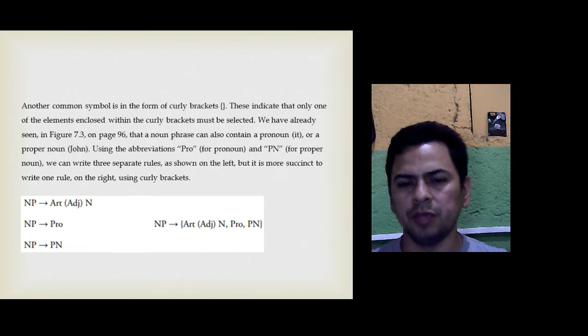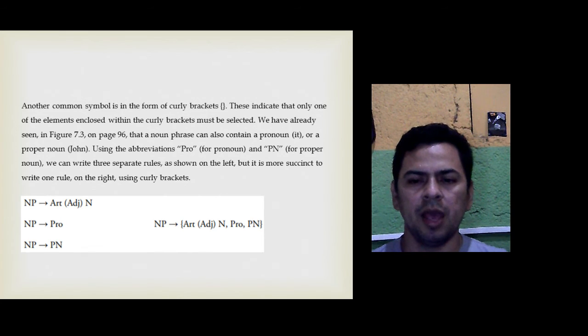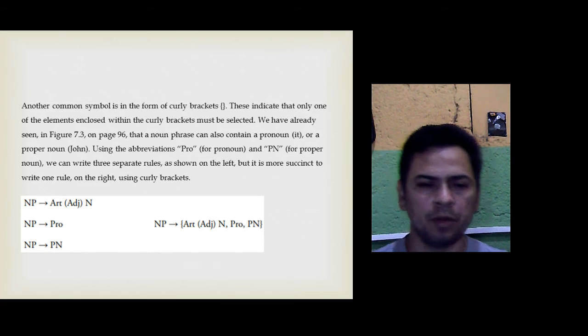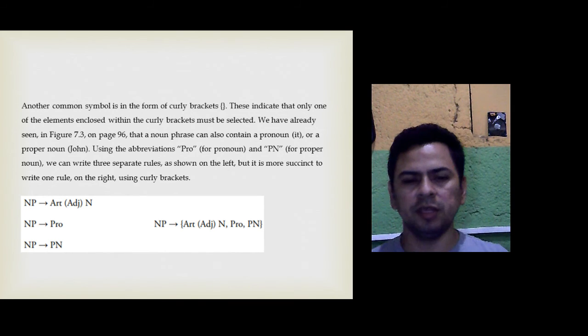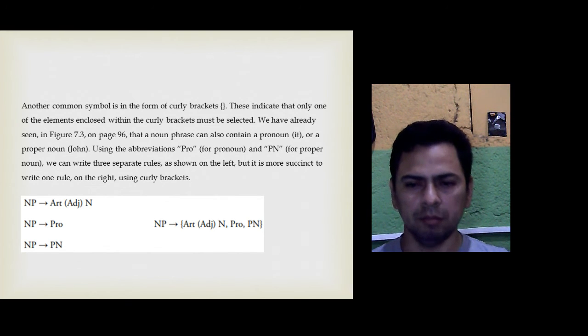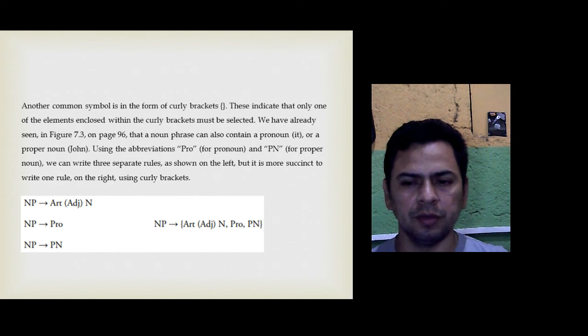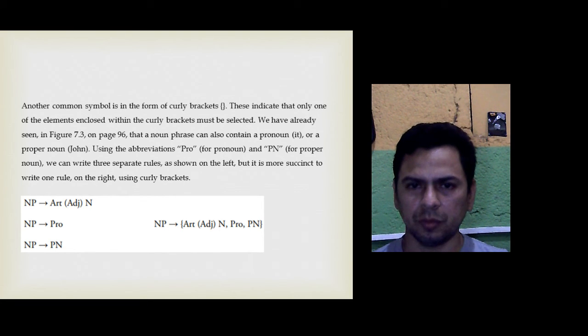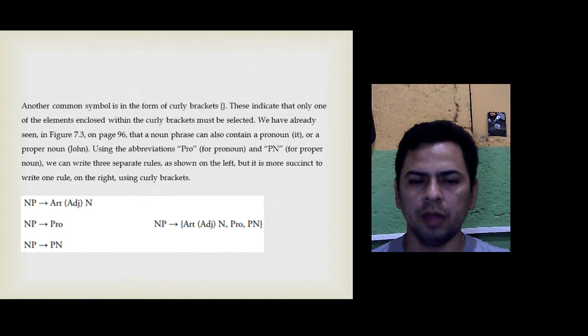Using the abbreviation PRO for pronouns and PN for proper nouns, we can write these as separate rules as shown on the left, but it's most succinct to write one rule on the right using the curly brackets.